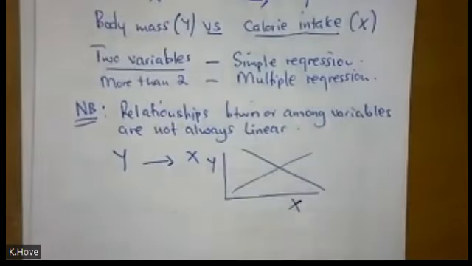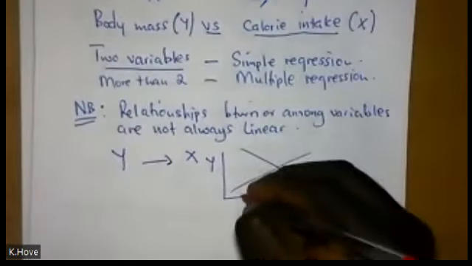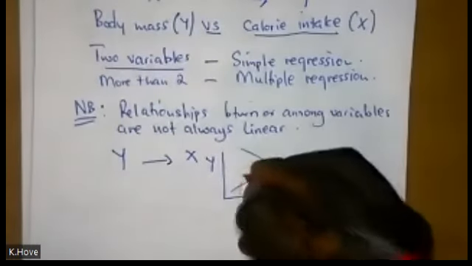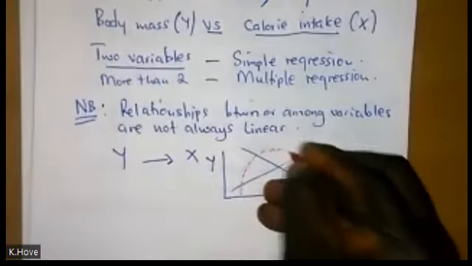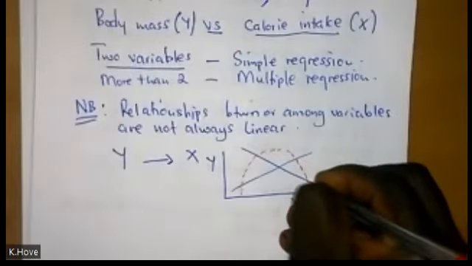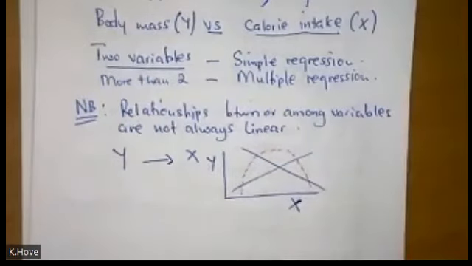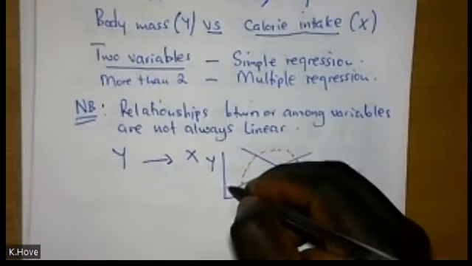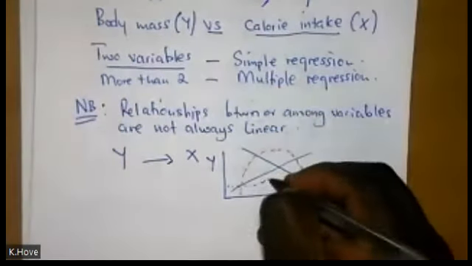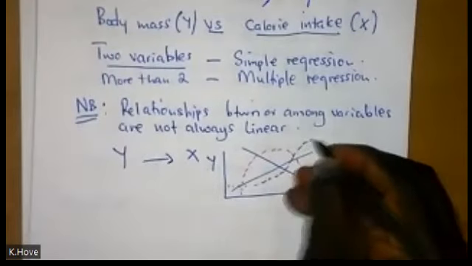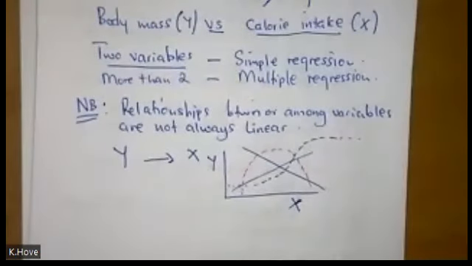But if we have a curve like this, it cannot be said to be linear, or we might have something like this. Surely that is not a linear relationship. So regression can be linear or non-linear.